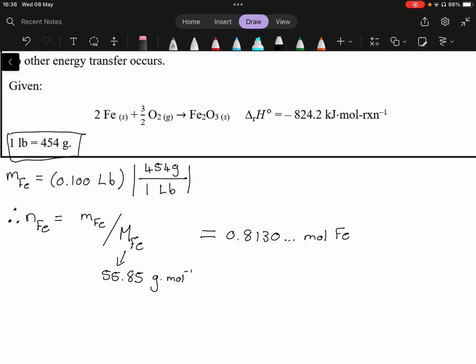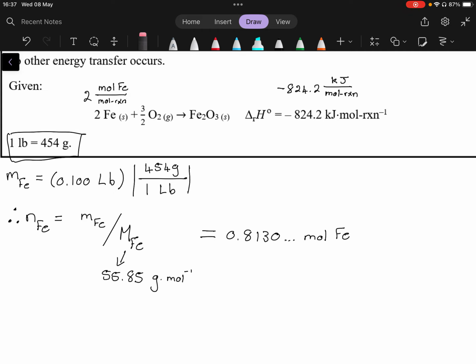Okay, so now we know how much iron we actually have, and we need to find a way to relate that to the reaction equation. So what does the reaction equation always tell us? In terms of enthalpy, it tells us that 2 mole of iron per mole of the reaction is related to minus 824.2 kilojoule per mole of the reaction.